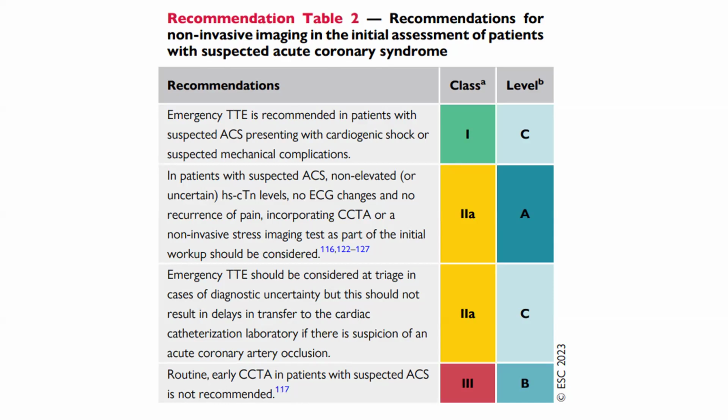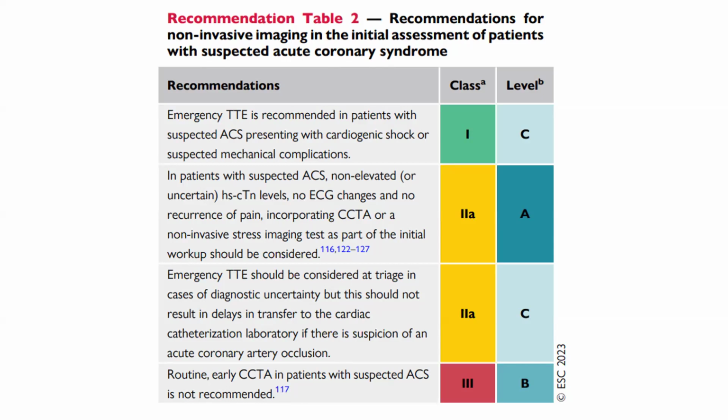In patients with suspected ACS, non-elevated HS troponins, no ECG changes, and no recurrence of pain, incorporating the coronary angiogram or non-invasive stress testing is 2A, which is what we stated earlier. It used to be a higher recommended class, but it was downgraded.